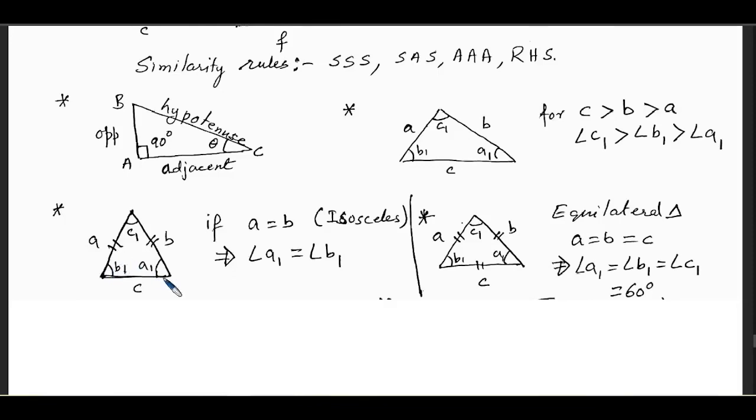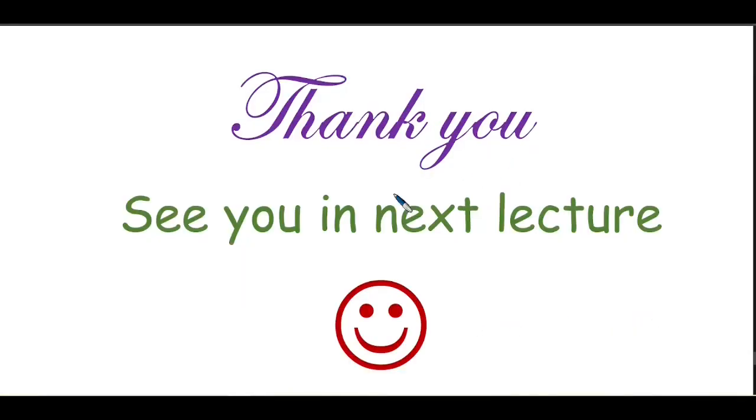The opposite of equal sides of the same length will also be angles of equal measure. And for an equilateral triangle, if all the sides are the same, the angles will be the same, and since the sum of all the internal angles is 180, each will be 60 degree. Thank you for listening. See you in the next lecture.